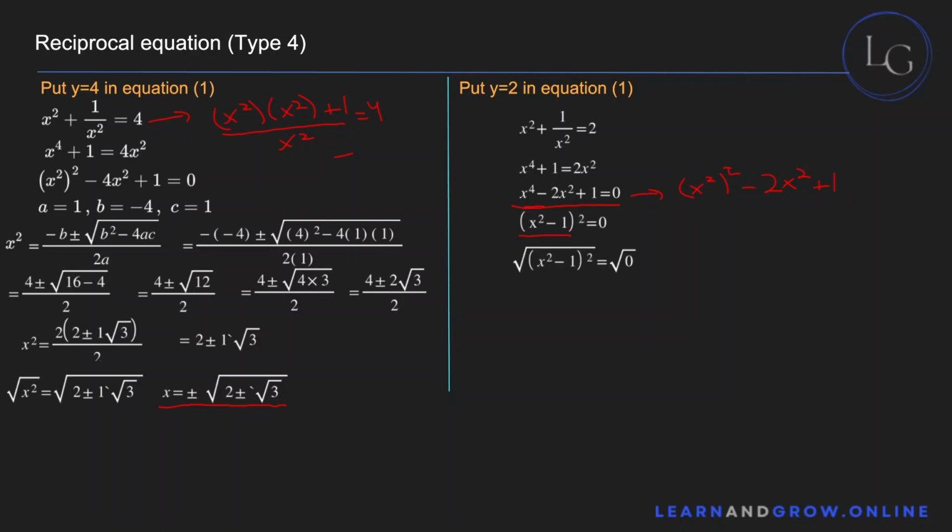Now, simply by taking the square root on both sides, you get x squared minus 1 is equal to 0 and x squared is equal to 1. So x is equal to either positive 1 or negative 1. Another way to do this is this particular equation can be written down like this.